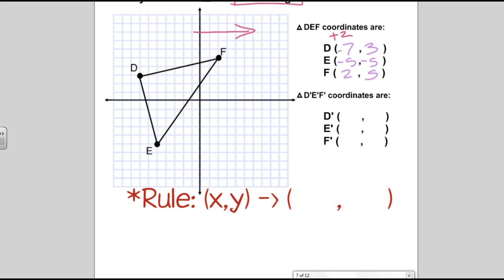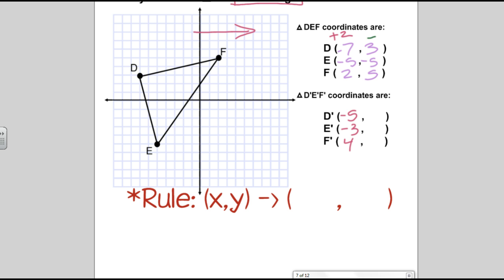Negative 7 plus 2. Negative 5. Negative 5 plus 2. Negative 3. 2 plus 2. Huh, 4. That's easy. All right. Ruthie, what are we doing to the y values? Earth to Ruthie. What are we doing to the y values if we are going 1 down?